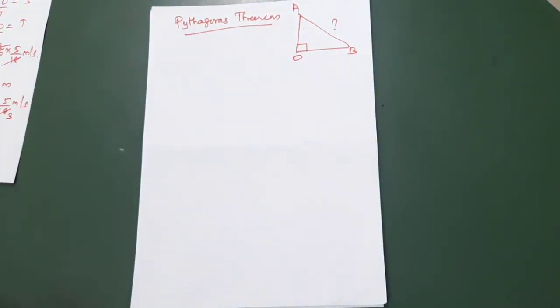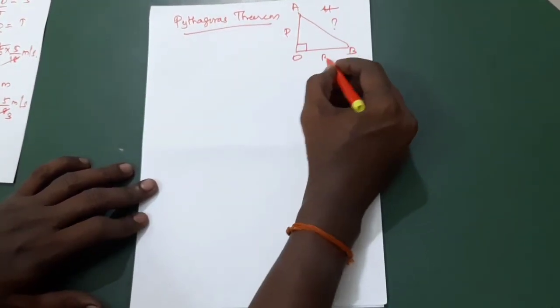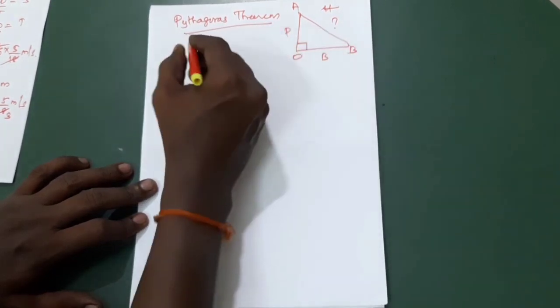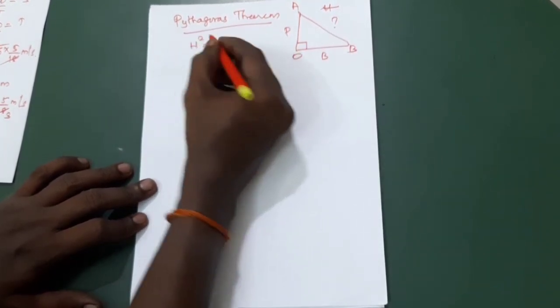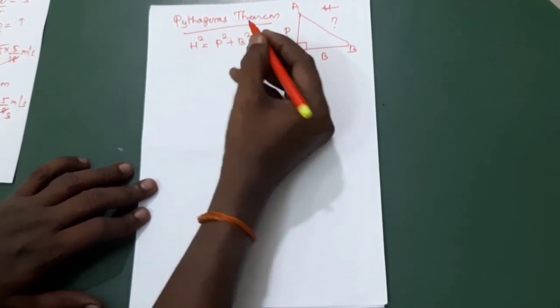So Pythagoras theorem: the square of the largest side is equal to the sum of the squares of the other two sides. So we can write hypotenuse, this is perpendicular side, this is base. So hypotenuse square is equal to perpendicular square plus base square.